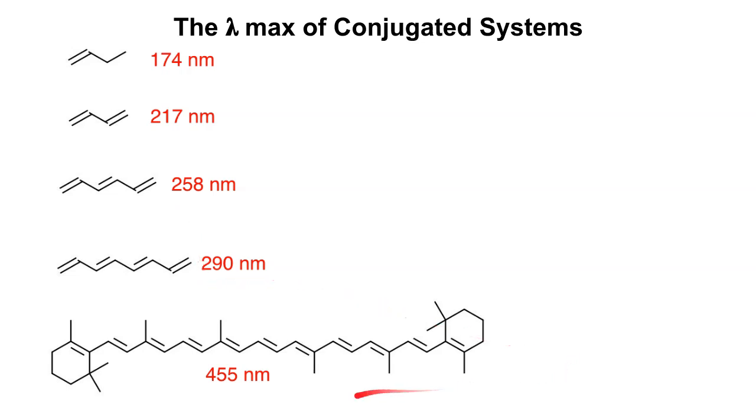And then this structure that's outlined down here is beta-carotene. Okay, so beta-carotene is a huge conjugation setup. And it has 455 nanometers as the excitation wavelength for lambda. Now, if you think about beta-carotene, we associate it with carrots and a lot of these other types of fruits or vegetables, sweet potatoes.